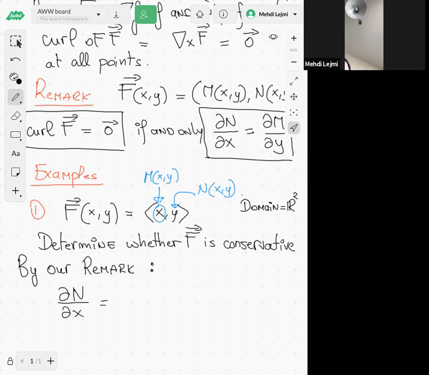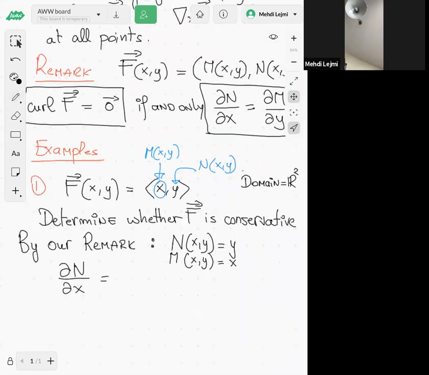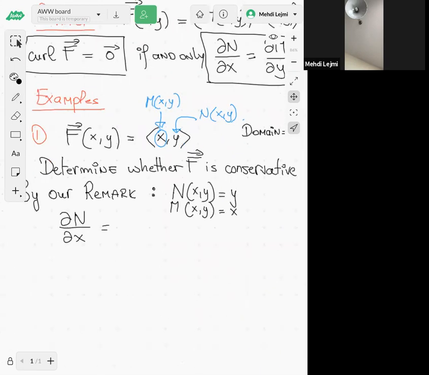N(x, y) is the second component of the vector field, so the function N of (x, y) is just equal to y, and the function M, the first component, is equal to x. Now, all we have to do is compute the derivative of N with respect to x.